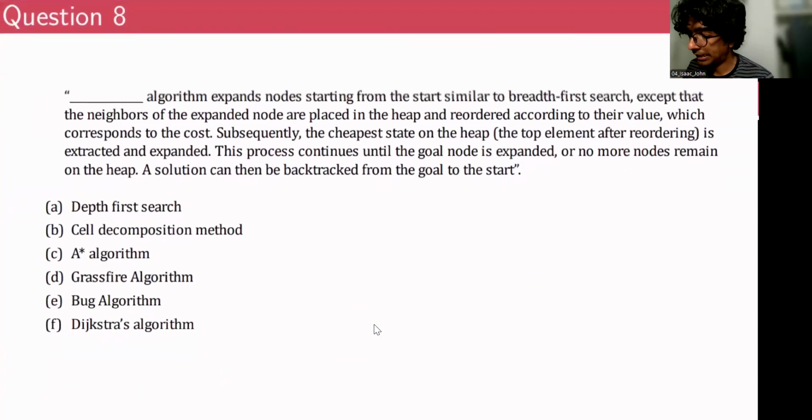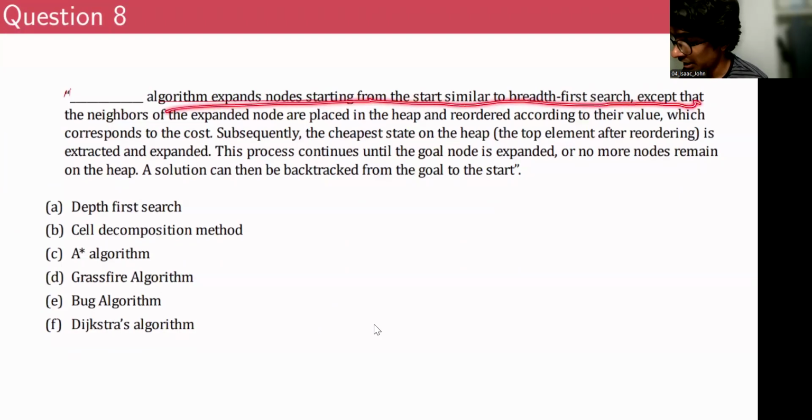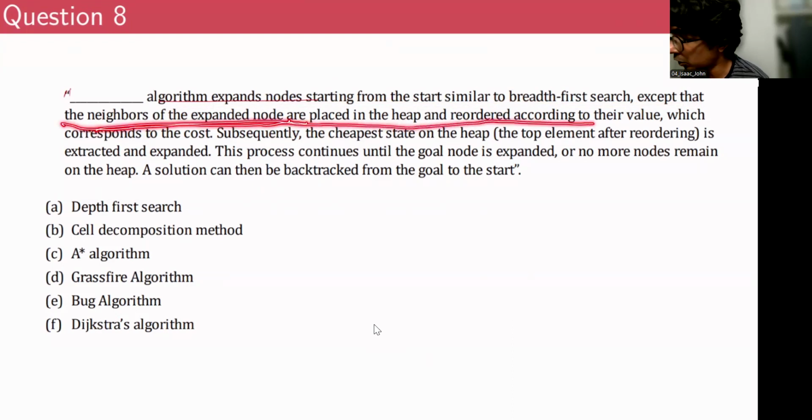Moving on to question 8, this is basically a definition of what you have seen. The algorithm expands the nodes starting from the start similar to the breadth first search, except the neighbors are expanded. Neighbors of the expanded node are placed in a heap and reordered according to their value, which corresponds to the cost.